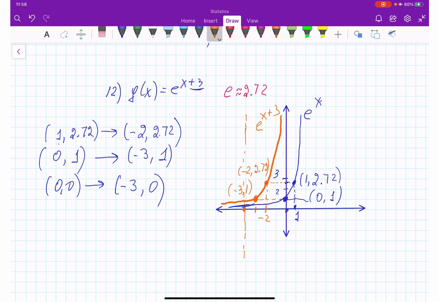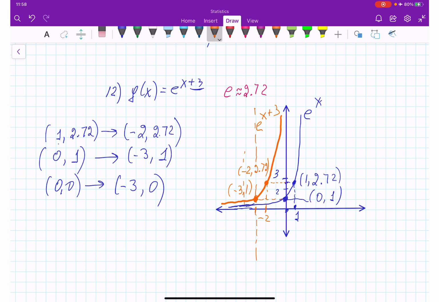Okay. Actually, let me see. That would be the right thing to do. Clean this one, and I move to here so you can see precisely where it's crossing, right here. Crossing that 0, 1 here is becoming negative 3, 1.